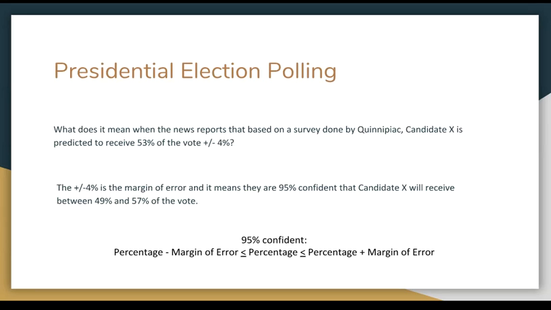Well, that plus or minus whatever percent is something that we call the margin of error, and it means that they are 95% confident that that candidate will receive between, you got to subtract it from the percentage that they report, so 53 minus 4% gives us 49%, and then you add it to the percent that they report, so 53 plus 4 is 57% of the vote.